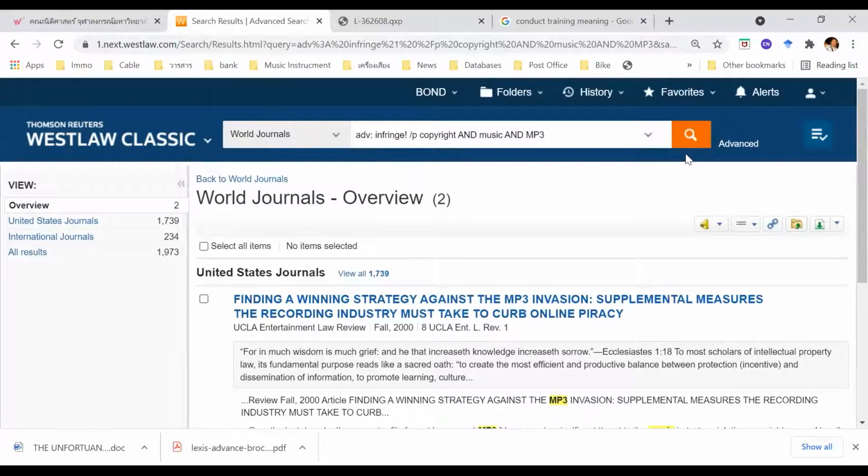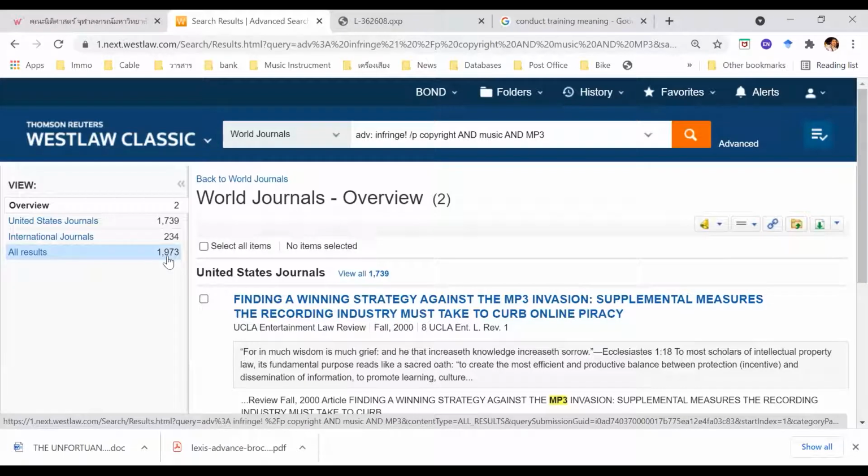And now the result is down to 1,900. 100 is gone. Now you can control it, it's less than before.